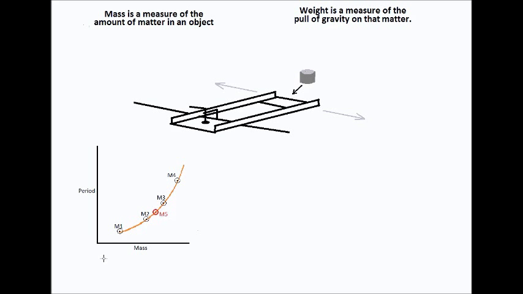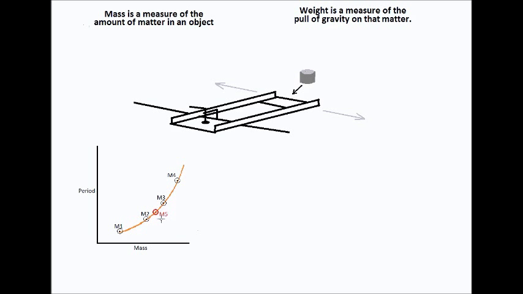And then we take an unknown mass, set it on the tray, let it oscillate back and forth, calculate the period of oscillation for the unknown mass, find that period of oscillation on the graph, and we can extrapolate the mass of the object.